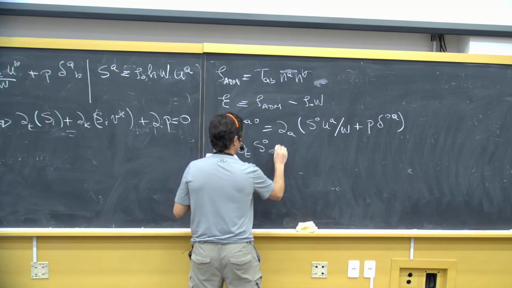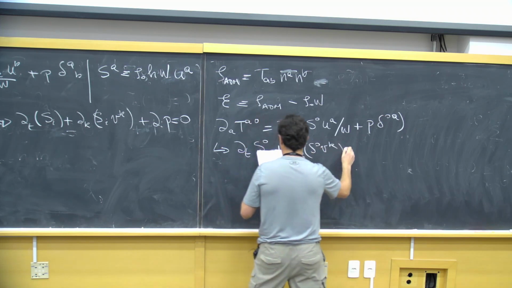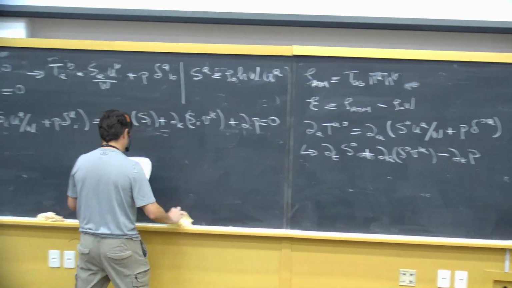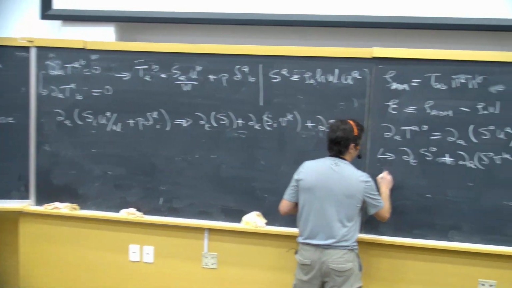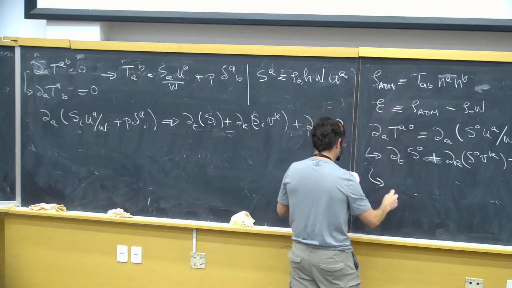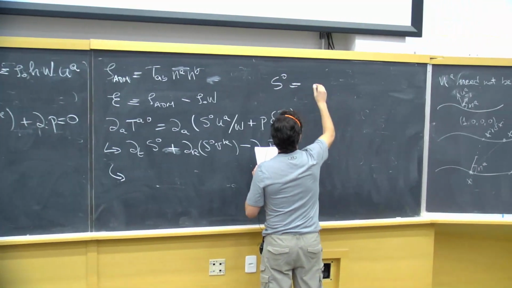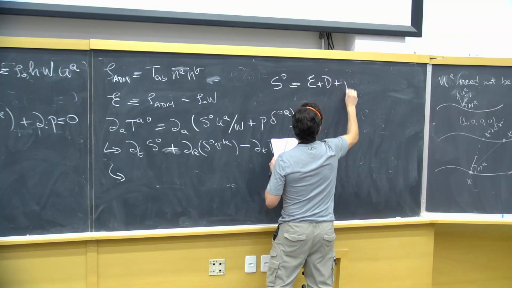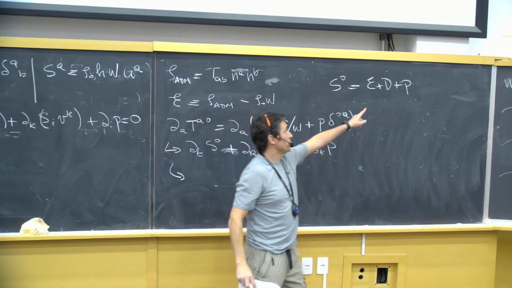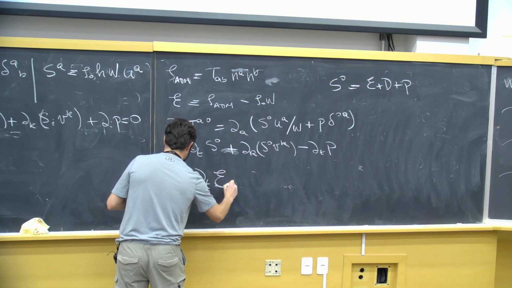This gives us the following. And then a further step to relate this S naught to this epsilon, because S naught, let's say, this relation is satisfied. So once we replace that in here, and we use the evolution equation we had for D, then we can combine everything into the following equation.